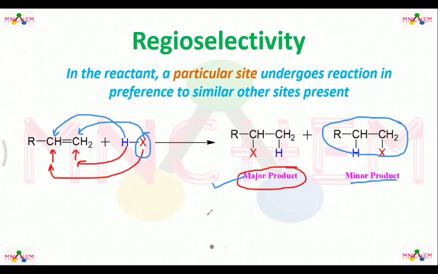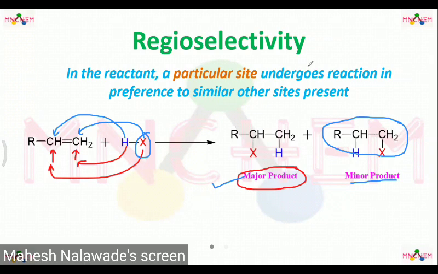Here, the efficiency of a reaction is lost. We said selectivity is a measure of the efficiency of a reaction. Because of the formation of the minor product, the percentage of major product formed will be reduced. In this particular reaction, the ratio ranges from 80:20 to 95:5 percent. So this is regioselectivity in a reaction.